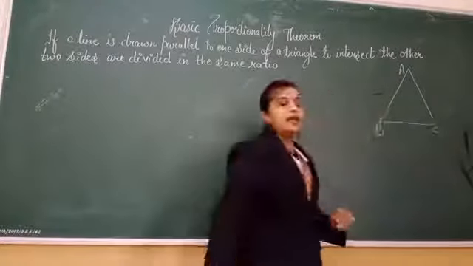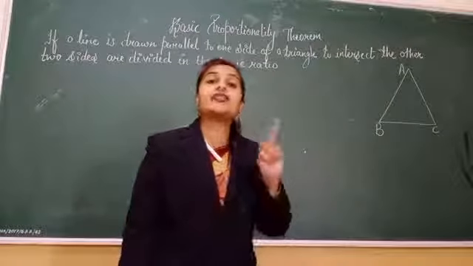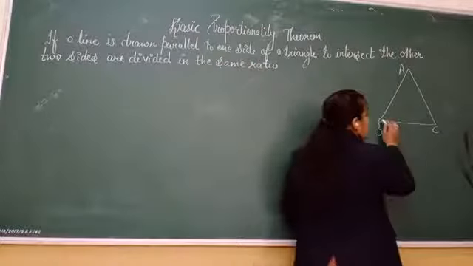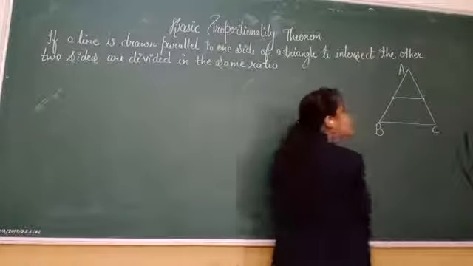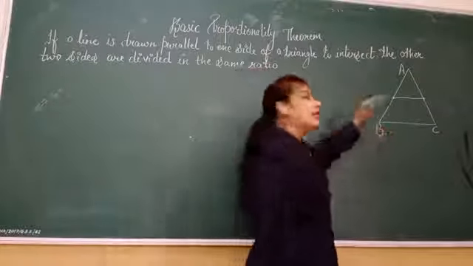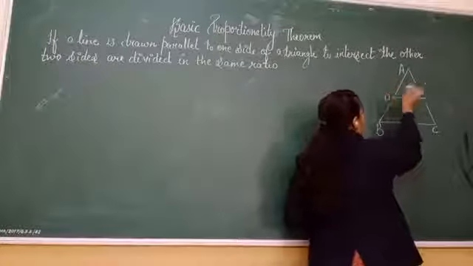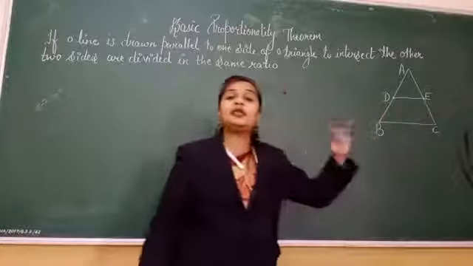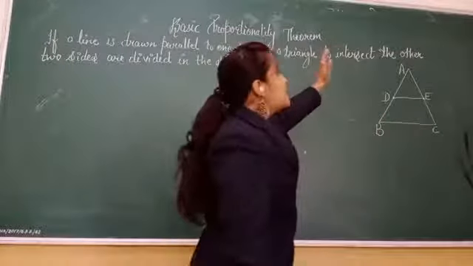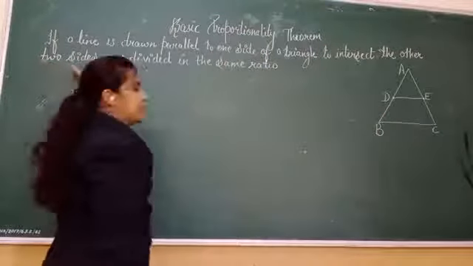In this triangle, if a line is drawn parallel to one side of the triangle, suppose to the side BC, if we have drawn DE parallel to BC, and it intersects the other two sides.